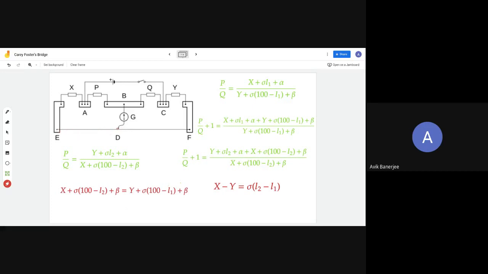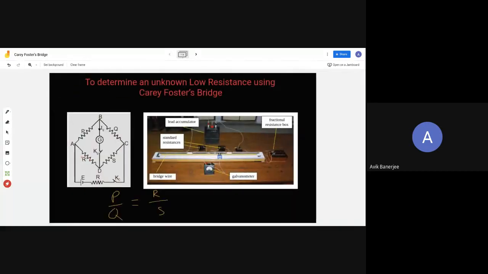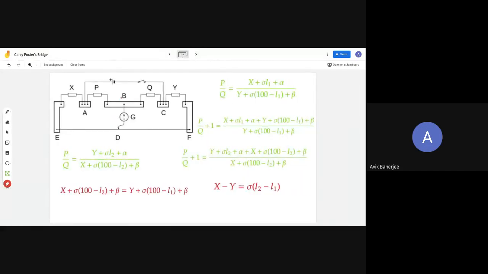So the resistance of ED and X, the sum of these two, and if there is some resistance in here, the sum of these three is basically R here. This is P, this is Q. Galvanometer is connected between the junction of P and Q, and R and S. So R is X plus the resistance of this plus the resistance of this part of the wire, ED.